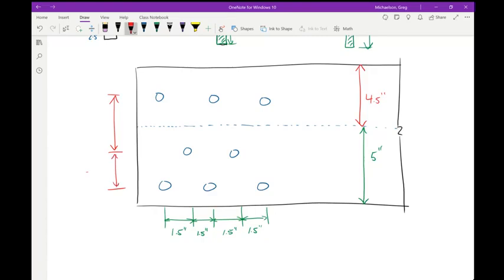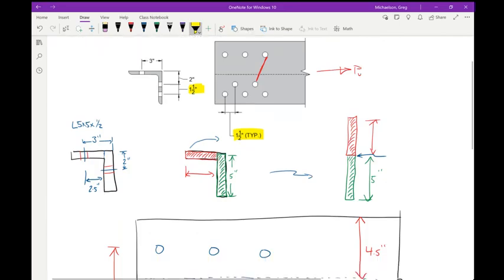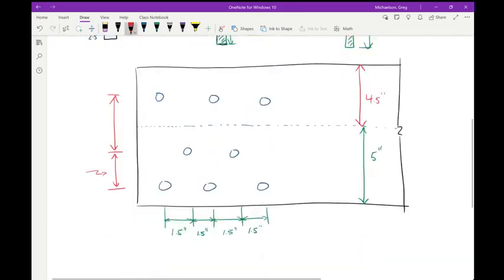This one we know. We can get that from the schematic up here. The distance between those two bolt holes is 1.5 inches, so that makes this 1.5 inches. That's easy. The others we've got to figure out, like this central one right there. Everybody with me so far?